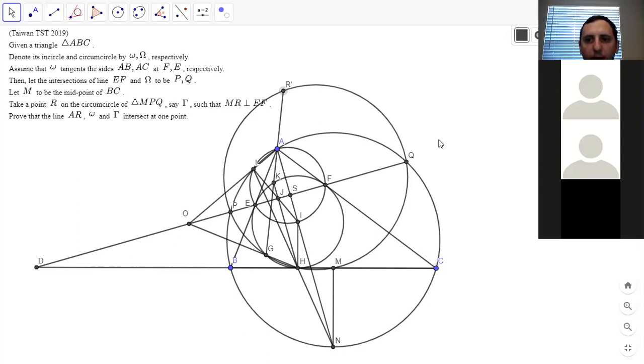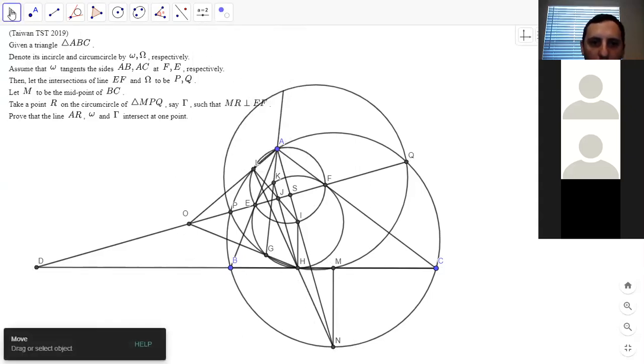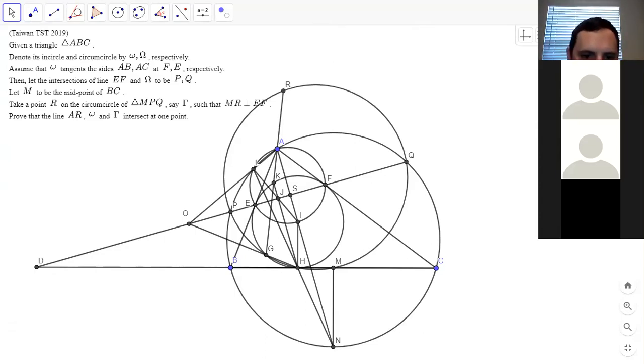And once you know that, that means the tangents at E and F to this circle and GK are concurrent at A. Okay, so we want to show RM, whoops, is perpendicular to PQ. Or parallel to AI.